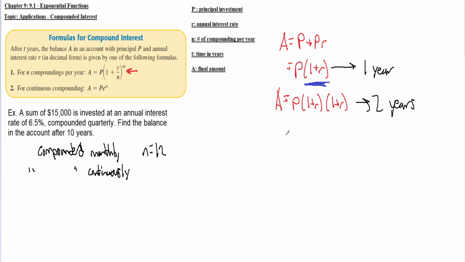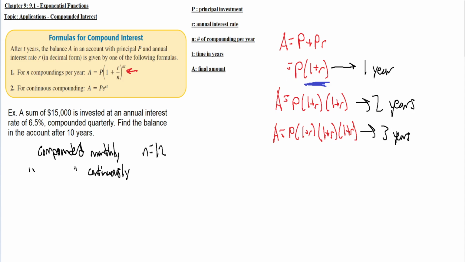And if I wanted to do 3 years, it would be A equal to P times 1 plus R times 1 plus R times 1 plus R. And hopefully you see the pattern here. So this is 3 years.